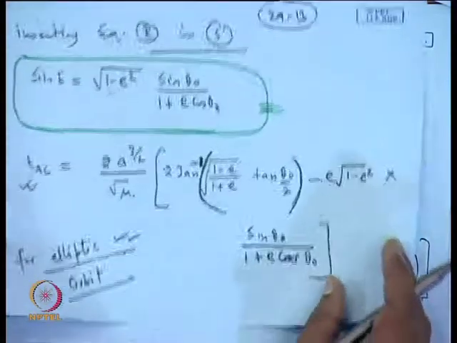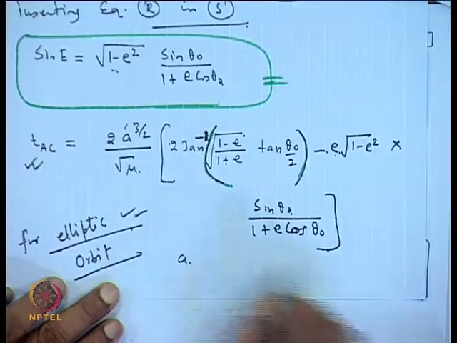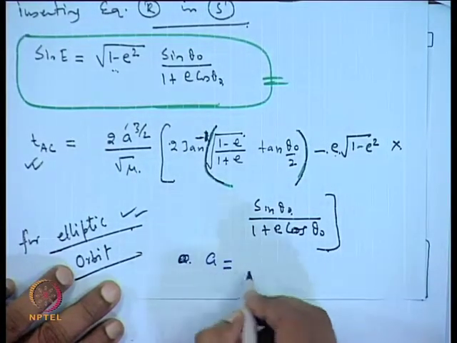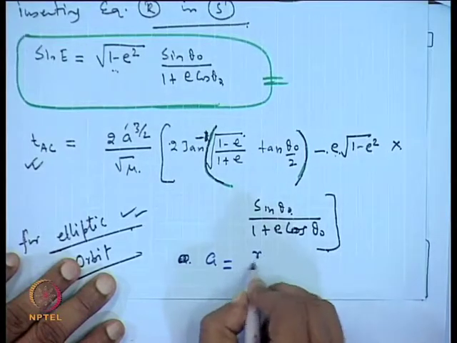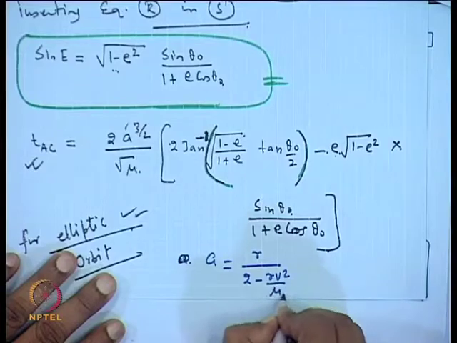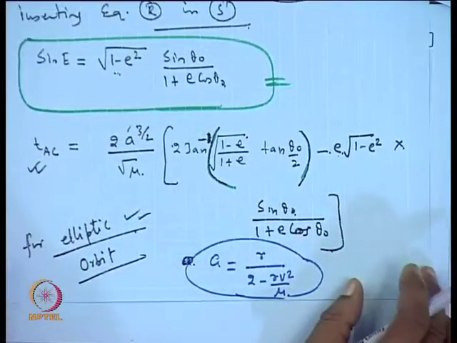So, for the elliptic case we have here the A which is appearing, this A can be written as r divided by 2 minus r v square by mu, and this we have also derived earlier in our lectures.